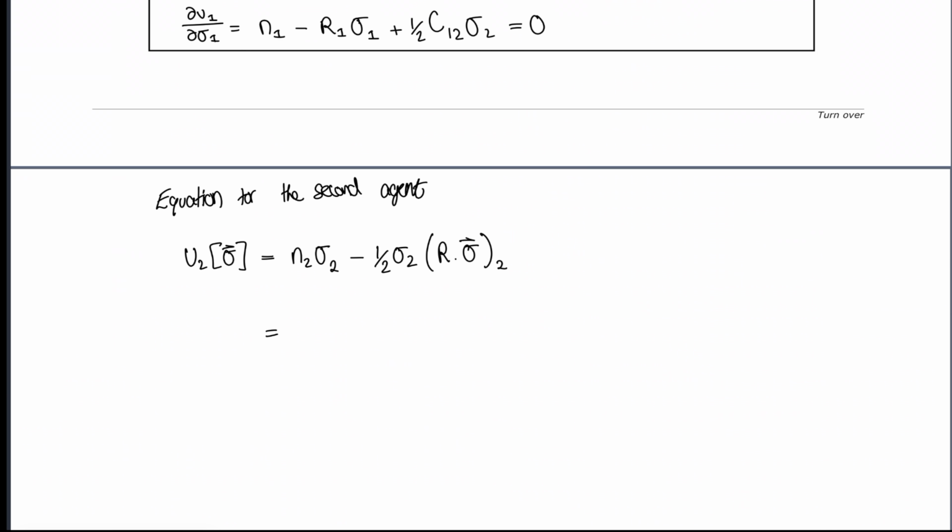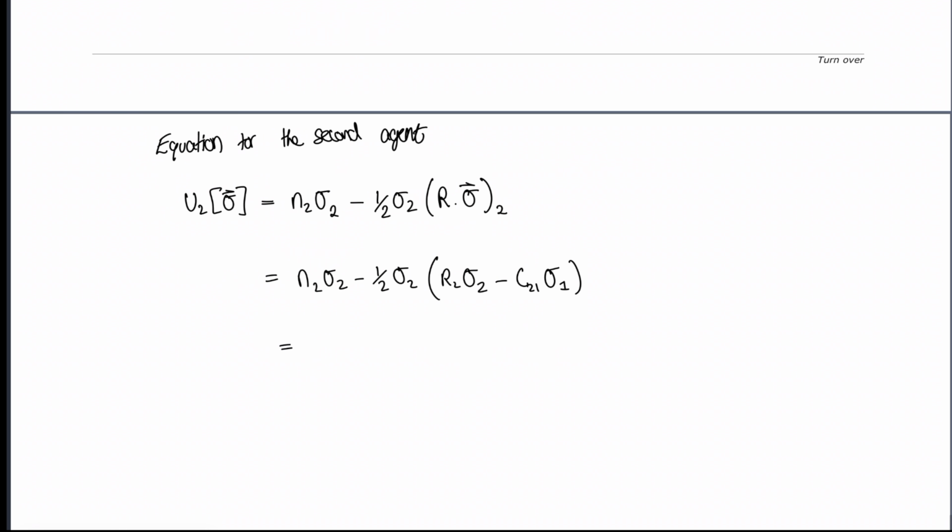So we get eta 2 sigma 2 minus a half sigma 2 times (R2 sigma 2 minus C21 sigma 1). Expanding out the brackets, we get eta 2 sigma 2 minus a half R2 sigma 2 squared plus a half C21 sigma 1 sigma 2.